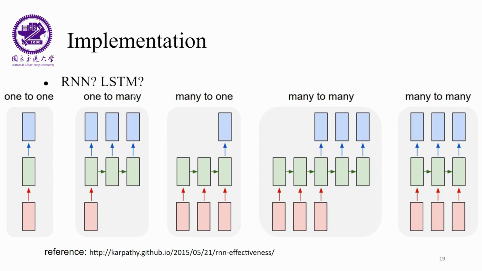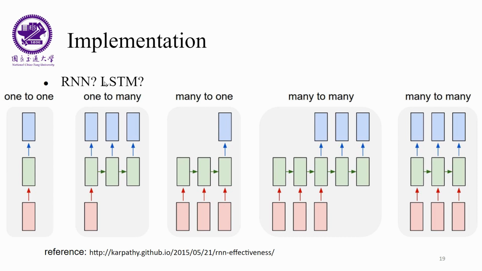In case you don't know RNN or lstm, I'll briefly introduce them. RNN stands for recurrent neural network, and lstm means long short-term memory.